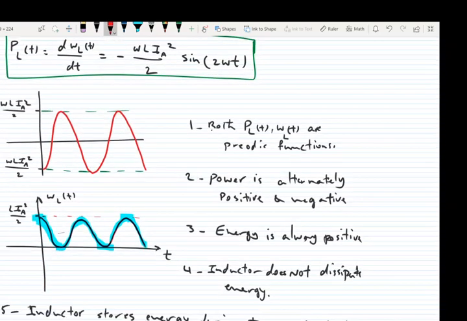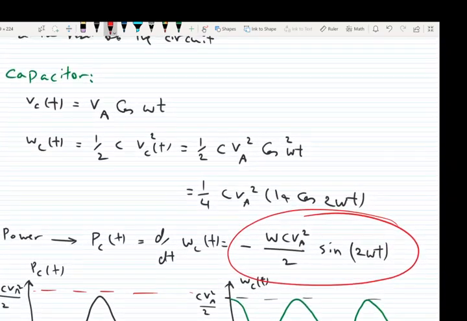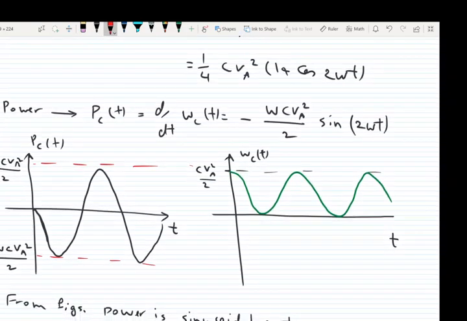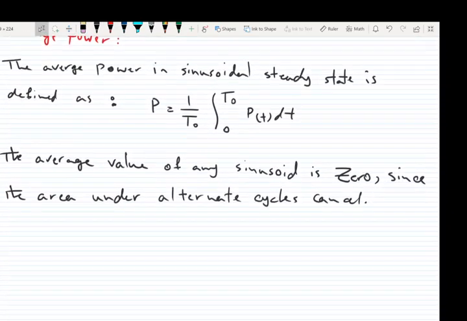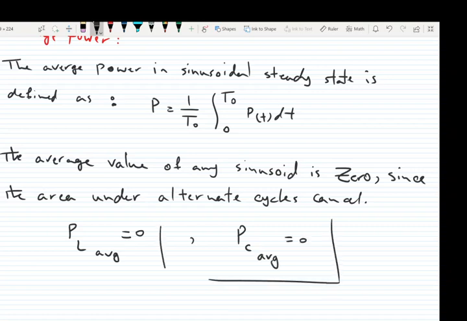Both of them have a sinusoid signal with no offset, and so we can conclude that the average power for the inductor, PL average, is equal to 0 and PC average is equal to 0. If we integrate those two powers, the result is 0.